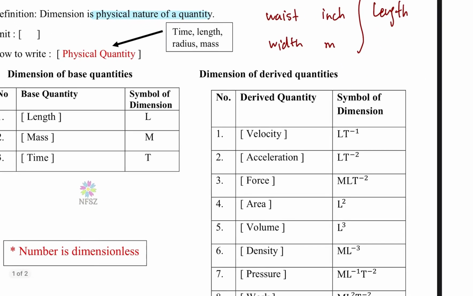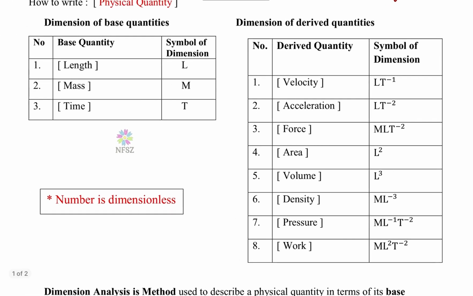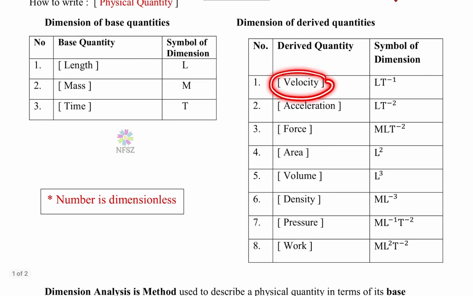Here we have dimensions of derived quantity. For example, velocity. What is the equation for velocity? V equal to S over T, displacement over time. The first step is to find the dimensions of velocity.